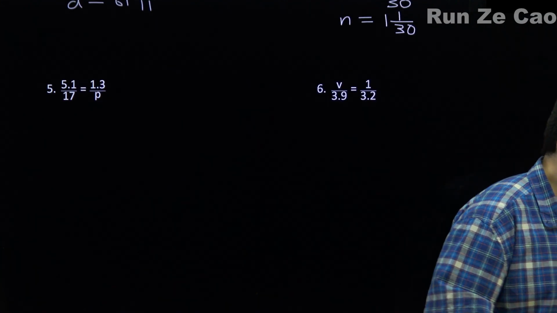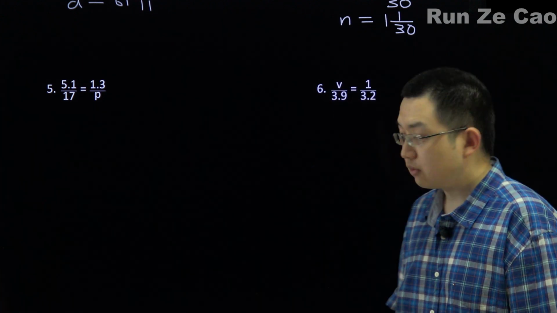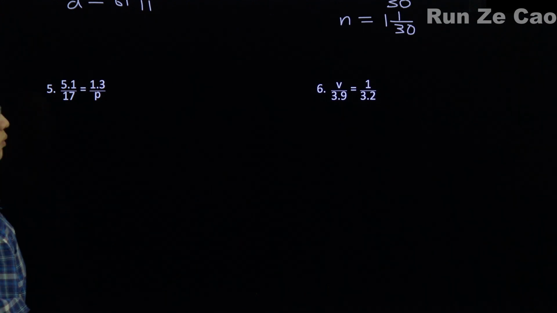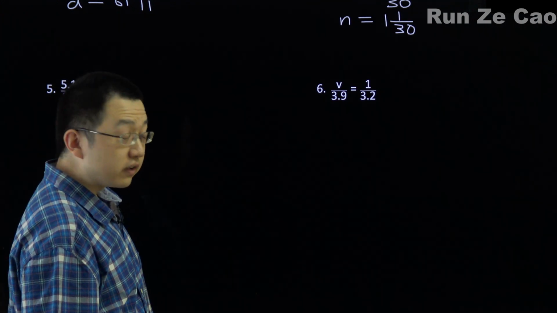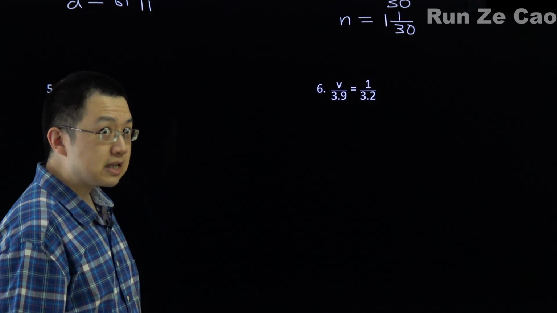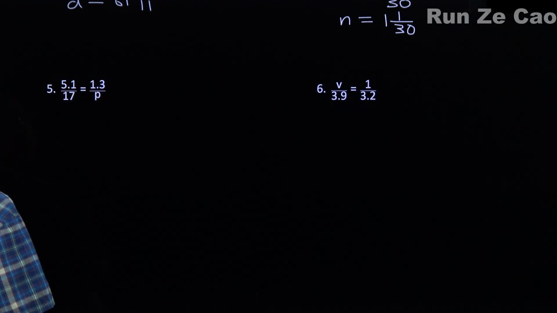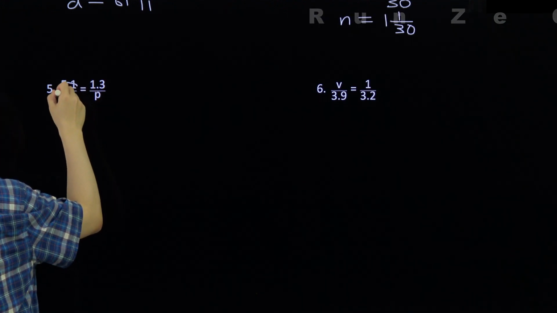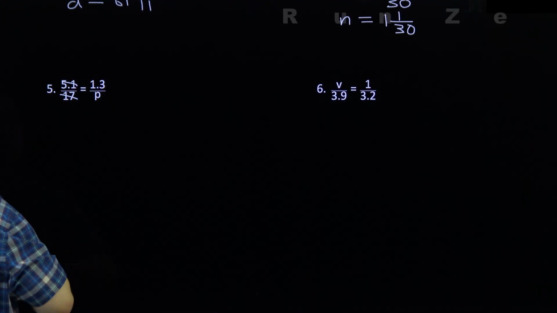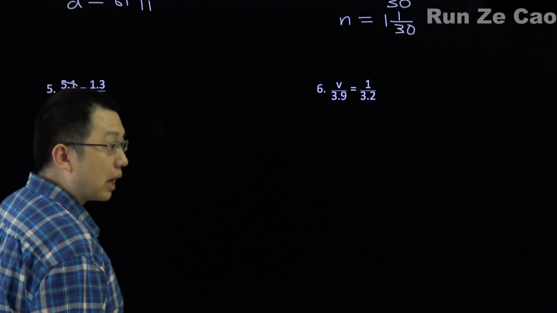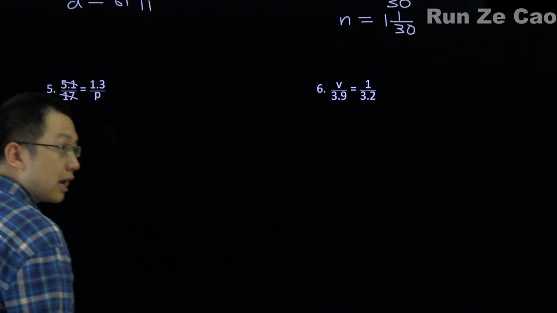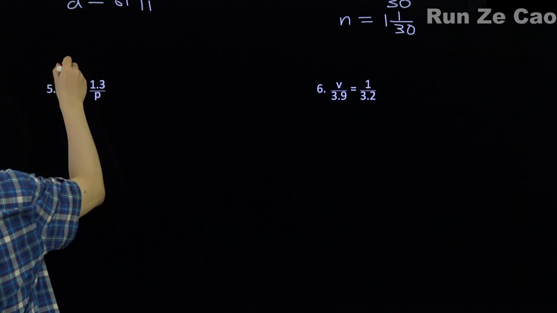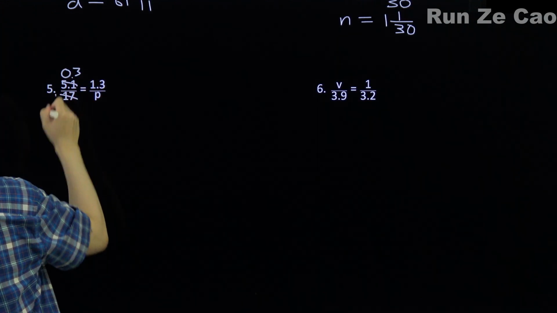Now, 5.1 over 17 is equal to 1.3 over p. Hey, guys, what's 51? 51 is 17 times 3. Okay, then. That means 5.1 is 17 times 0.3, and this becomes 1.